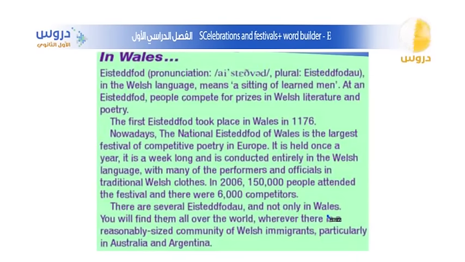It is a week long and is conducted, that's managed, entirely in the Welsh language, with many of the performers and officials in traditional Welsh clothes. In 2006, 150,000 people attended the festival, and there were 6,000 competitors.